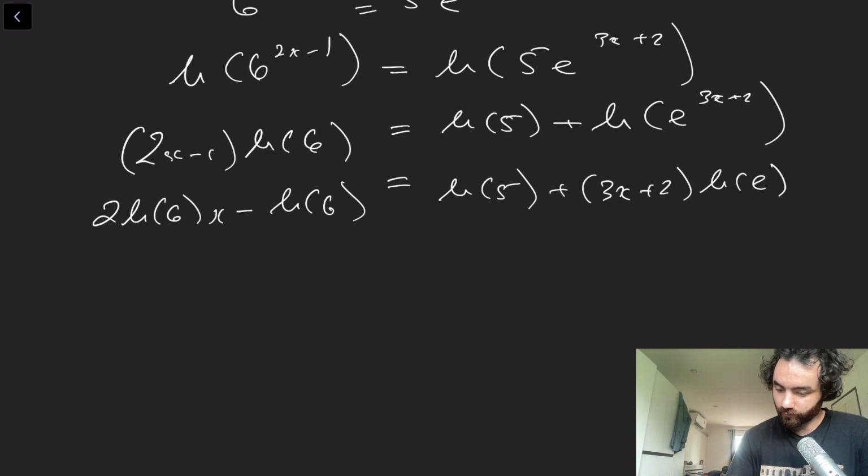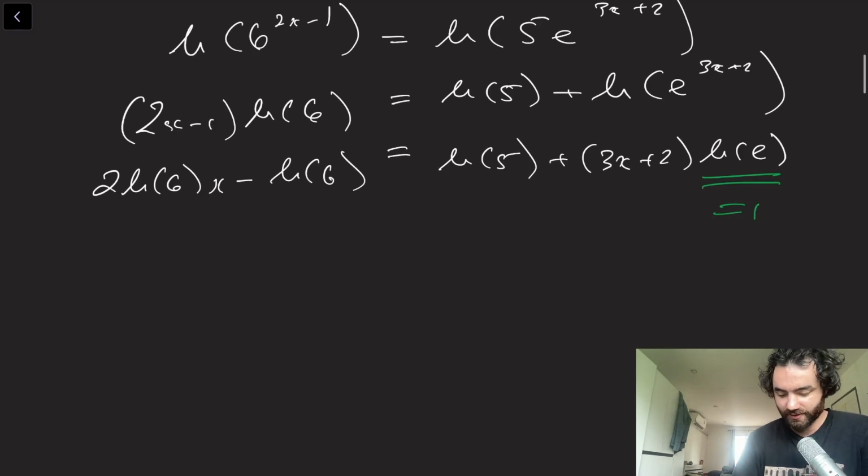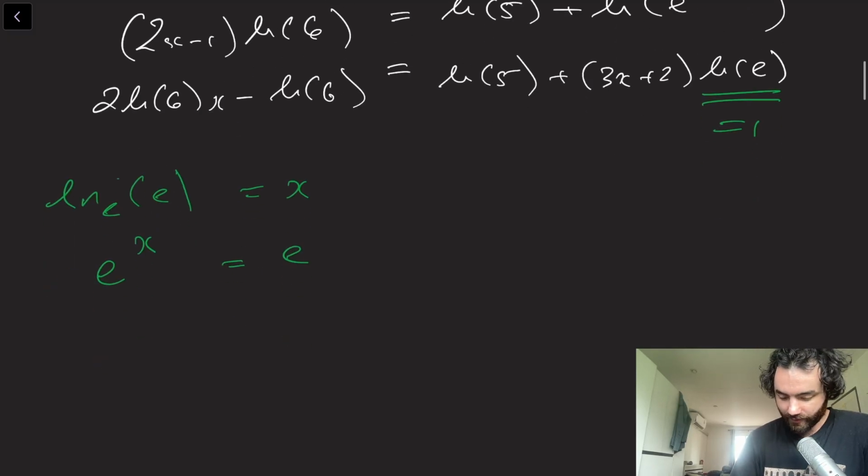Now this is why we use this, because ln of e is equal to 1. Basically what this is saying is ln, which is log to the base e, of e equals what? Well, that's saying e to the power of what equals e. And that's just going to be 1. e to the 1 equals e.